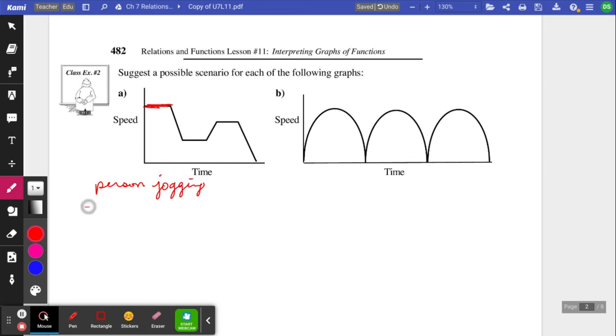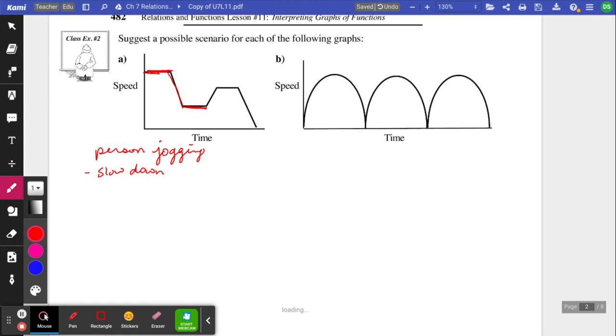Okay, so they start to slow down. And then what happens? So they're slowing down here, and what happens right here? Okay, they slow down rapidly and then continue at that speed, right? Then what happens?